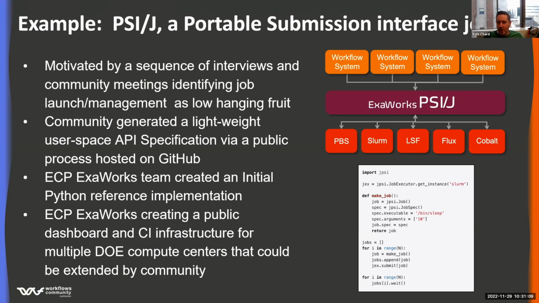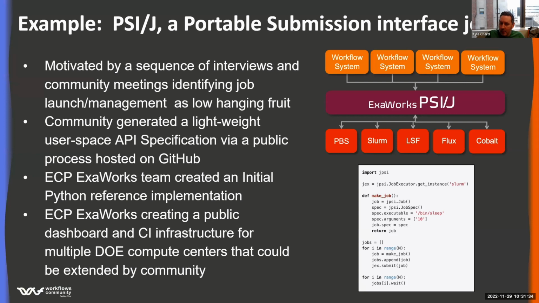It set about an effort to think about how we can break down some of the barriers of the workflow systems used in the DOE. After speaking with many of the workflow systems and users, we identified the lowest level, how we actually speak to these DOE computing systems, as being a piece of the workflow stack that could be made more common across these systems, because everyone basically had their own implementation.